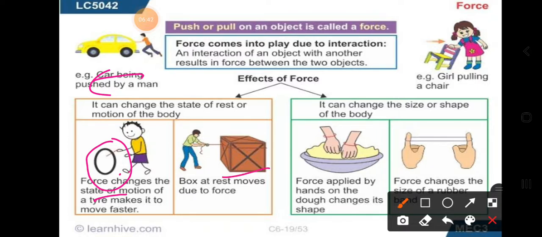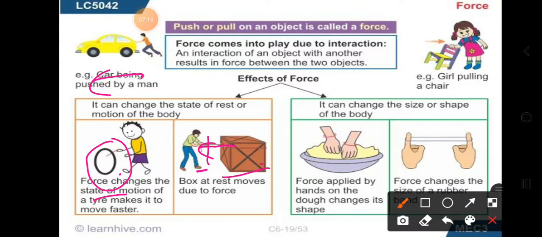Here is another example of a pulling force: the person is pulling the wooden block towards him. The block, which is at a resting condition, is moving due to the pulling force applied by the boy. Even the same here, with your bicycle, when you apply your force on the pedal, your bicycle starts moving.